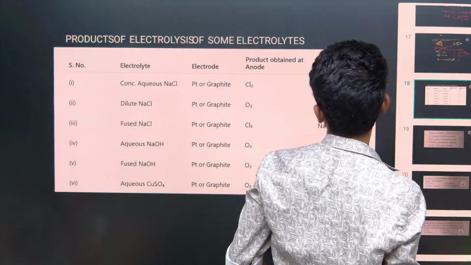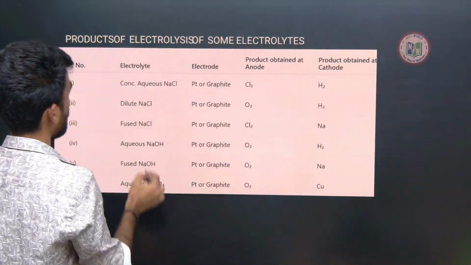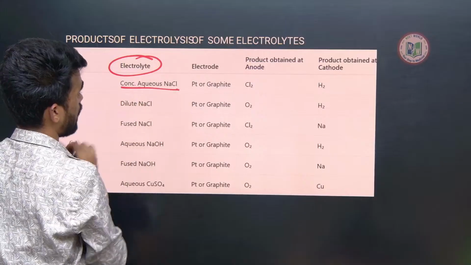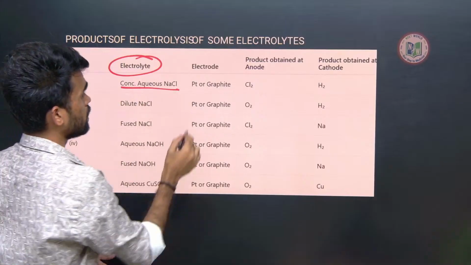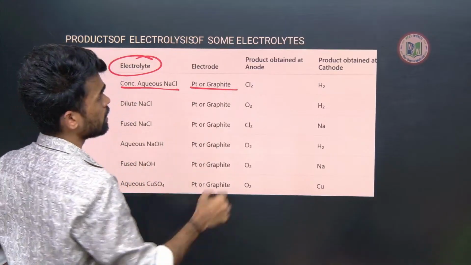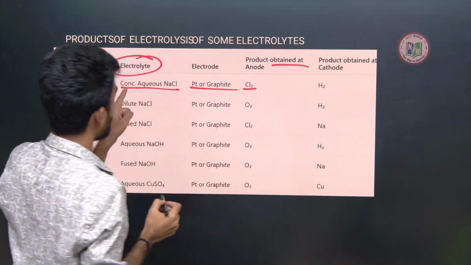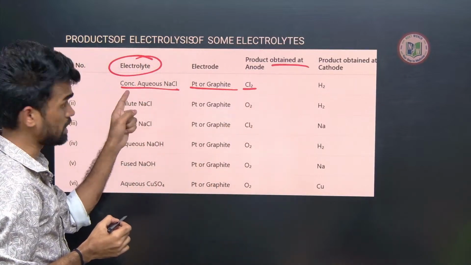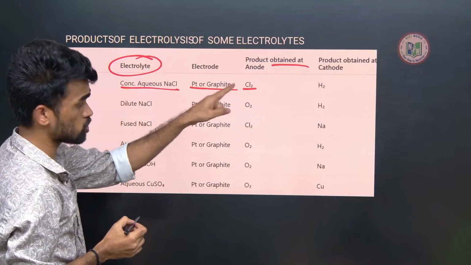Before going to that, see, electrolyte we have concentrated aqueous NaCl, okay, inert electrode we have here. So product formed at anode. So when it is concentrated, you should say chlorine.